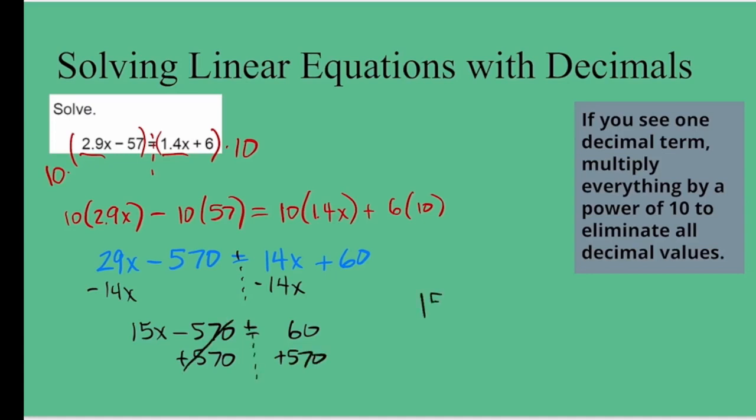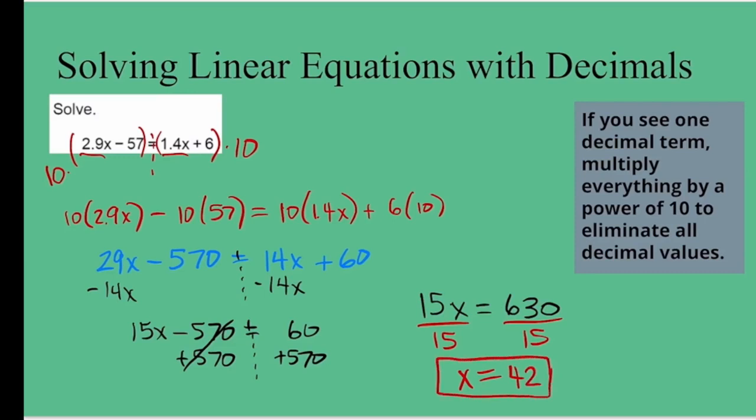So now I have 15 times x equals 630. Last thing we're going to do is divide by 15. 15 divided by 15 gives us 1, so we're left with 1x. And then 630 divided by 15 is 42. That is your answer.